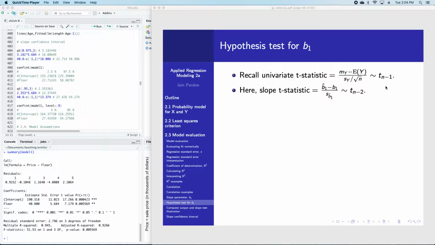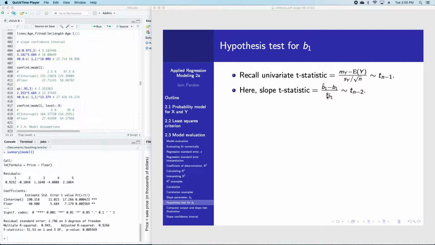It's very similar in this context. We calculate the t-statistic again, and it has the same general form: estimate minus hypothesized value divided by standard error. So the estimate, b1 hat, that's the estimated slope, minus b1, the hypothesized value, divided by the standard error of the slope.